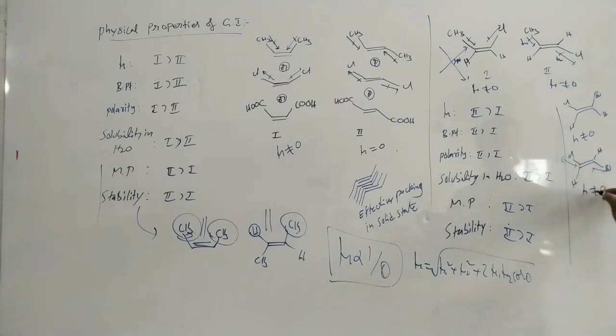Here also mu is not equal to 0. Here mu1 and mu2, but mu1 has a higher value than mu2 because, although they are in opposite directions, some extent of the bond moment cancels. Since these two bonded atoms are not the same, the magnitudes are not the same. So a significant dipole moment is there, even though that is trans.